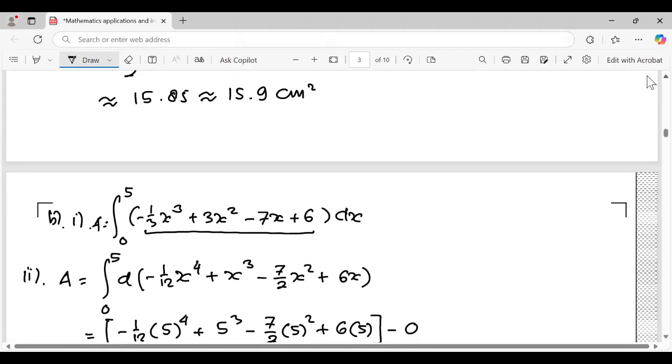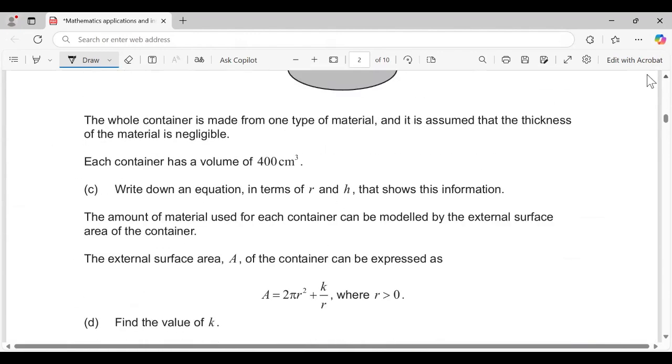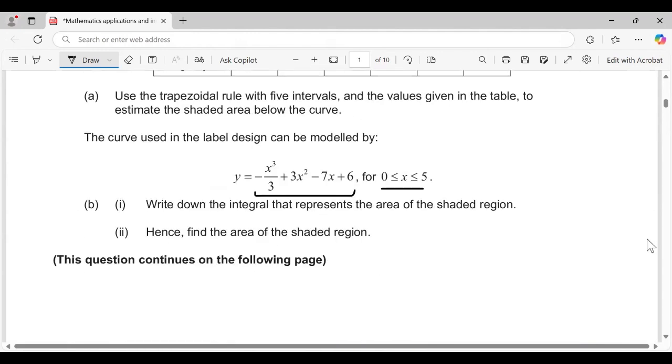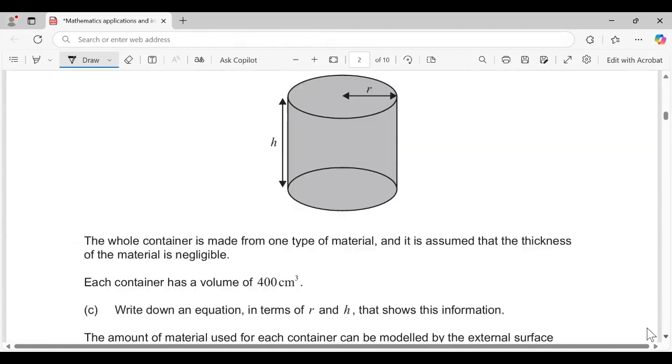Next question. Oh, part B already. Next, part C.